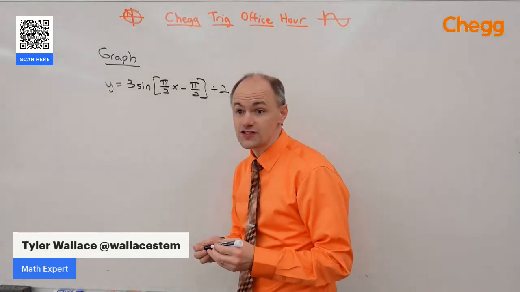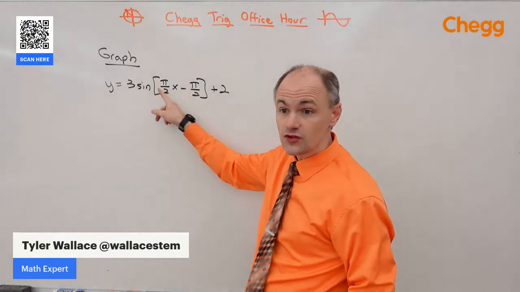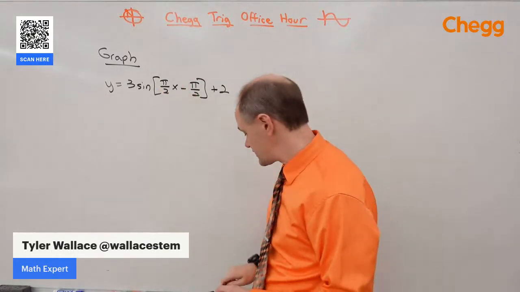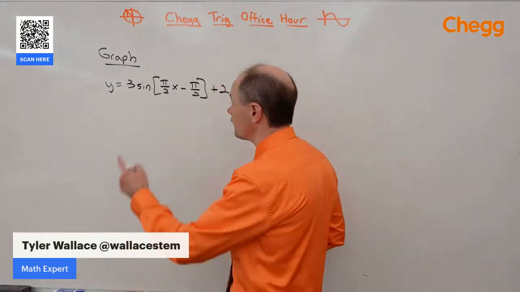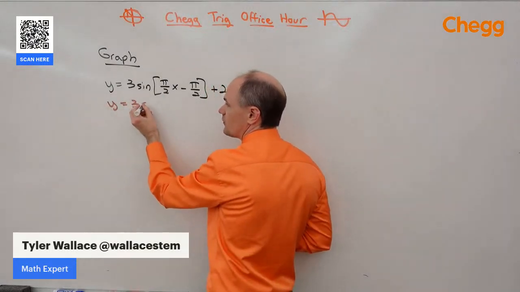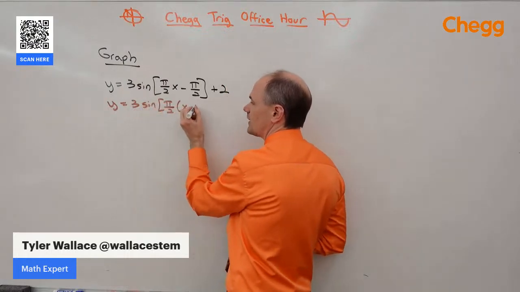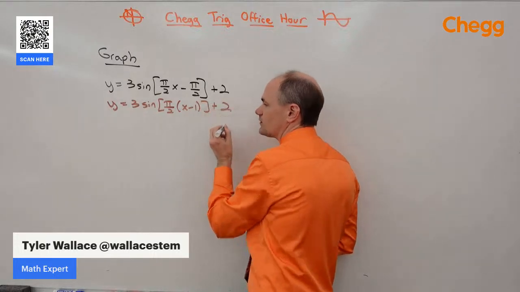Now, before we graph this function, we first need to actually factor out what's in front of x so that we get an idea of what the horizontal shift is that's going to come from this. So first, I'm going to factor this pi over 2 out, which is going to make this function 3 sine of pi over 2 times x minus 1 plus 2.